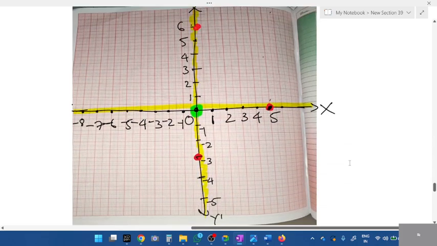All of you will write the coordinates. Start writing it, students. Take a graph sheet. First write these points.